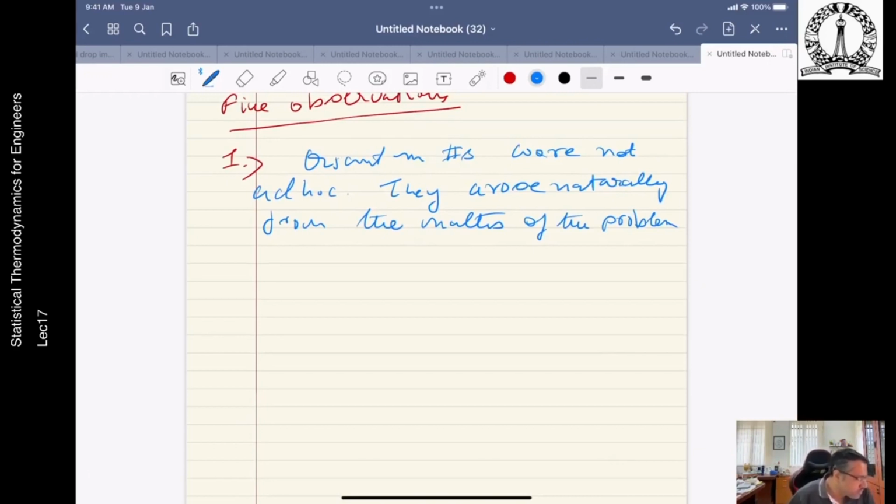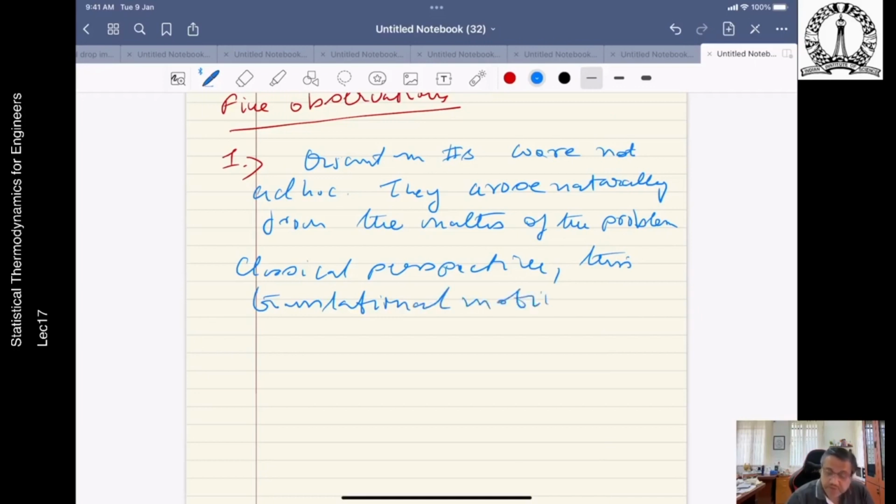As we know from a classical perspective, this translational motion has 3 degrees of freedom: X, Y, Z, or 1, 2, 3, whatever you call it.